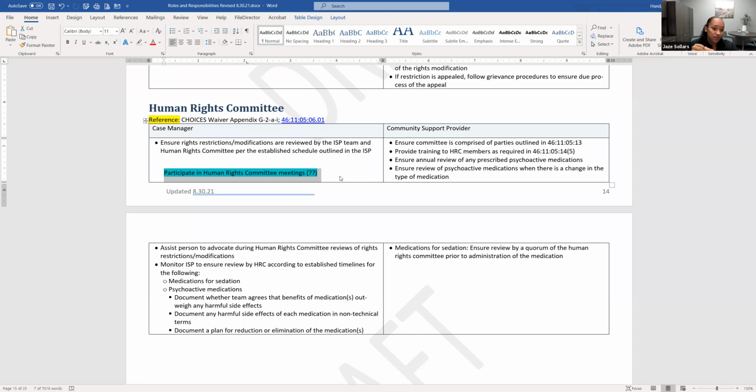I'm certainly not opposed to the case managers participating in meetings, but I do know that, one, it's a time commitment, and two, there's also HIPAA, but it could work if the case manager was only part of the piece where the participant they're involved with is being talked about. That's how I did it when I ran a human rights committee. They were all invited, and I asked that they let me know if they were coming or not.